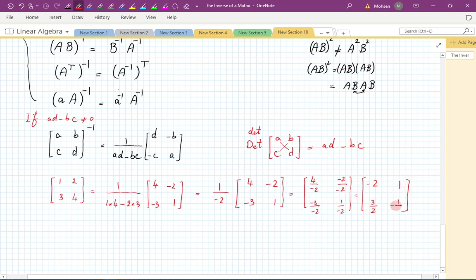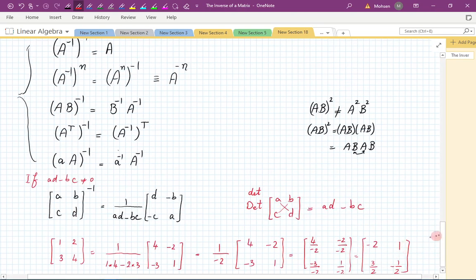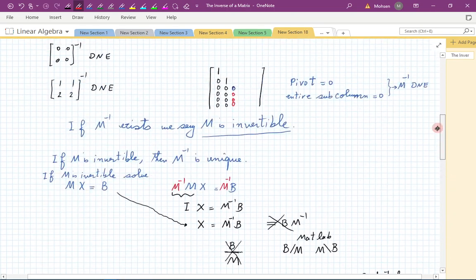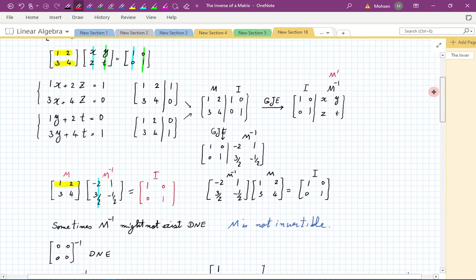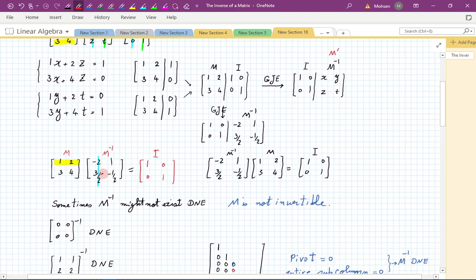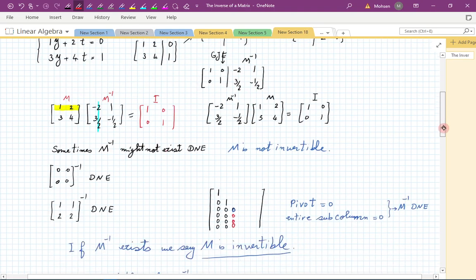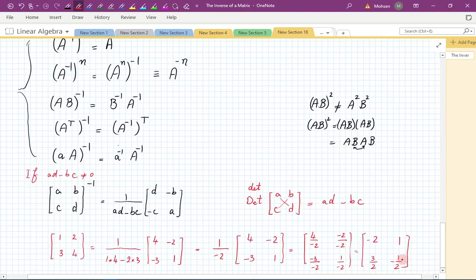And this is going to be minus 1/2. Yes, here's our inverse: minus 2, 1, 3/2, minus 1/2. That is the inverse. We found it by a shortcut.